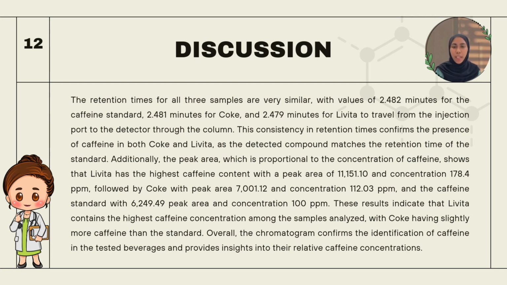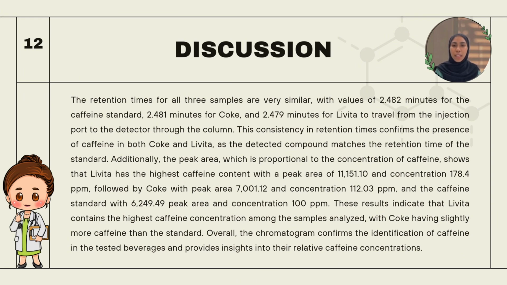Additionally, the peak area, which is proportional to the concentration of caffeine, shows that Levita has the higher caffeine content with a peak area of 11,115.1 and the concentration 178.4 ppm, followed by the Coke with peak area 7,001.12 and the concentration 112.03 ppm, and the caffeine standard with 6,249.49 peak area and the concentration 100 ppm.